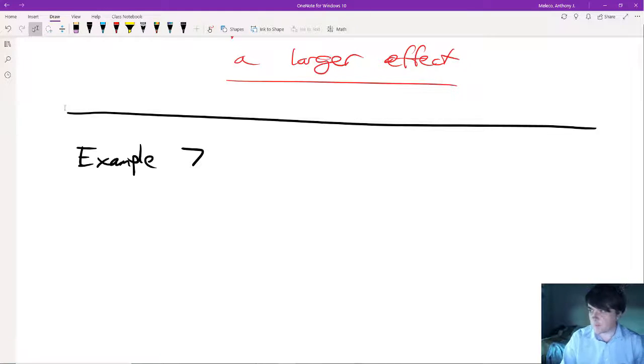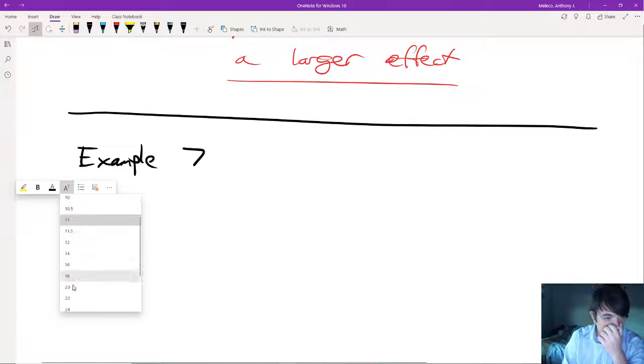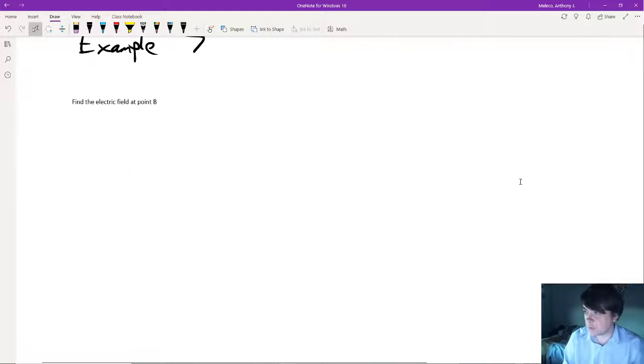So example 7. Find the electric field at point B. So here's our example. You've got Q2, which equals 50 microcoulombs.